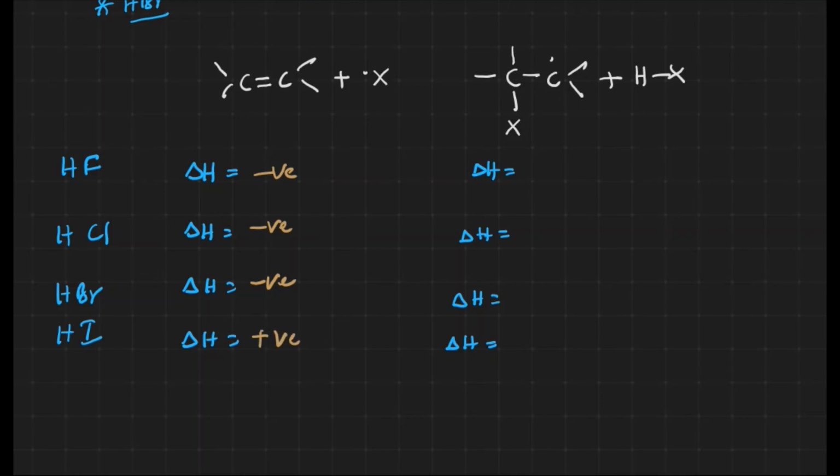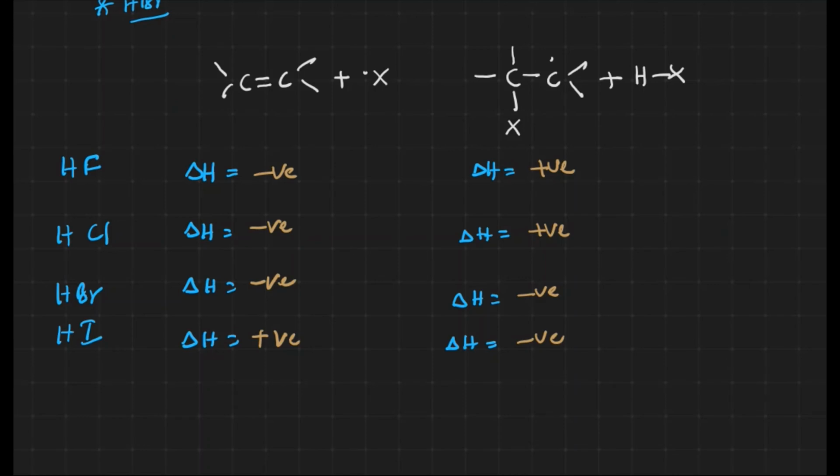In the second step, the addition of hydrogen, when fluorine is attached the delta H is positive, and this is also positive. But when bromine and iodine are attached, in the hydrogen addition step it is going to be negative.